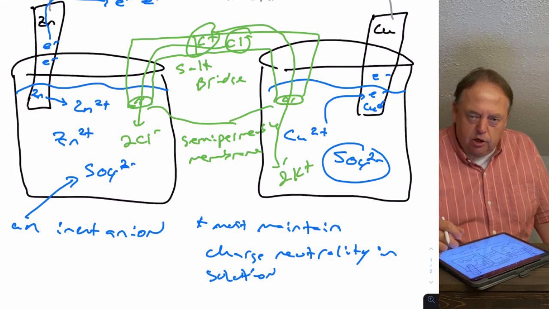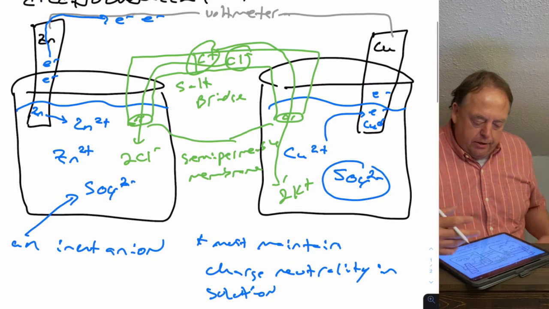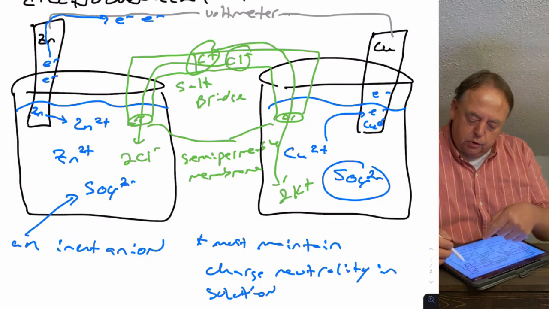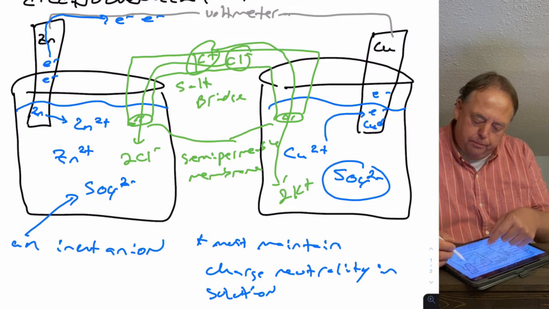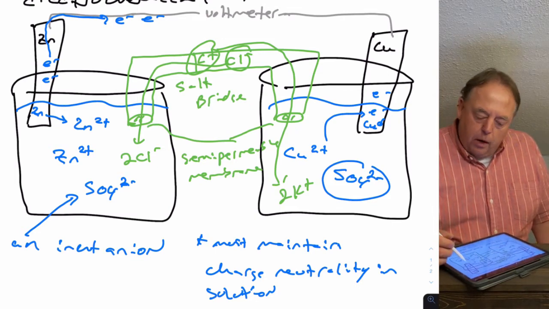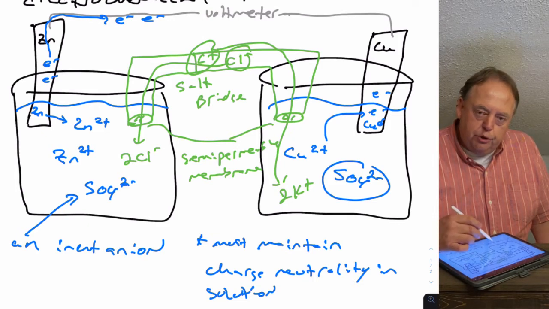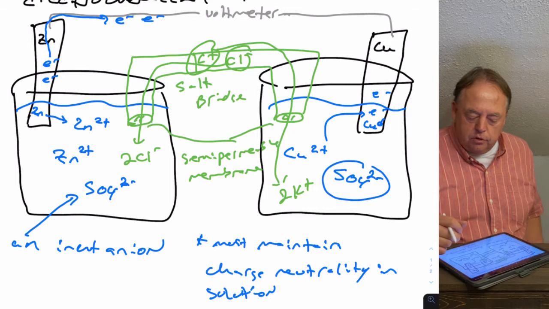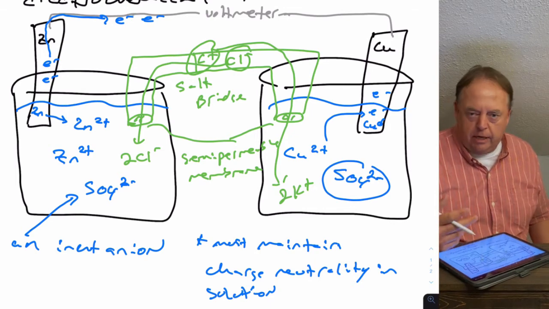And now you've maintained charge neutrality. And so now you have a functioning battery at this point. Zinc can lose electrons. Those electrons go over to the copper metal. Copper 2+ picks those electrons up. And so electrons can flow through the wire, and then what flows through the solution is the ions. Potassium and chloride flow through the solutions, and that completes the circuit, and now you have a battery.